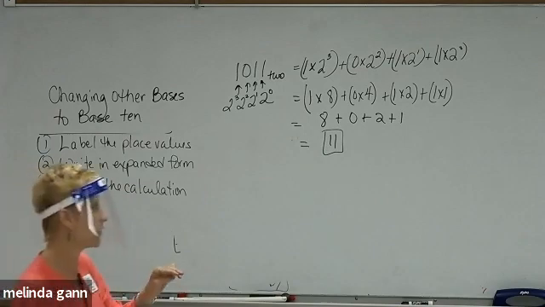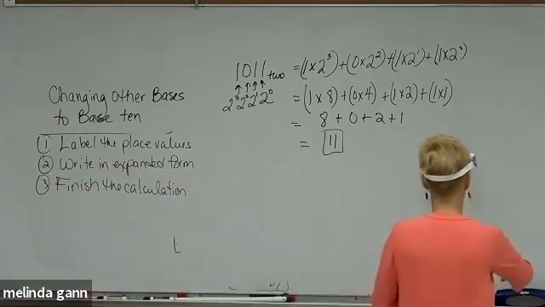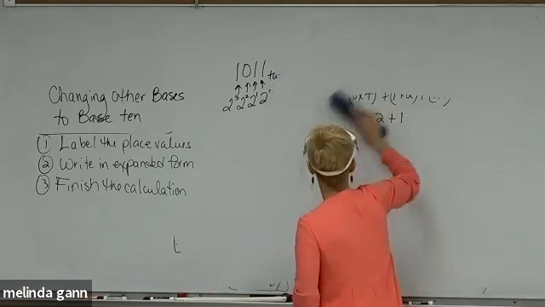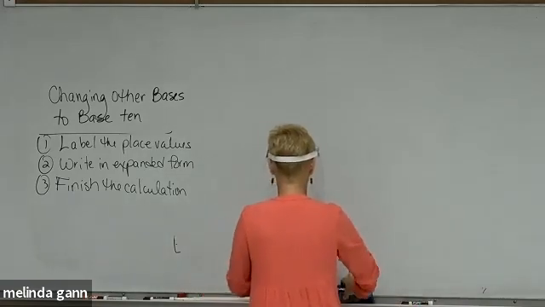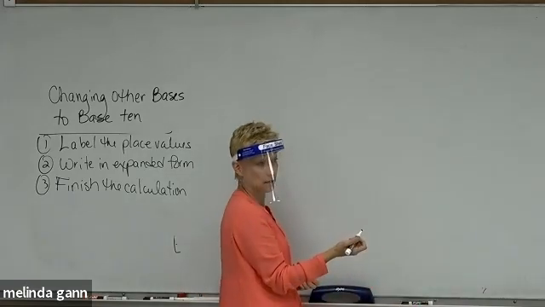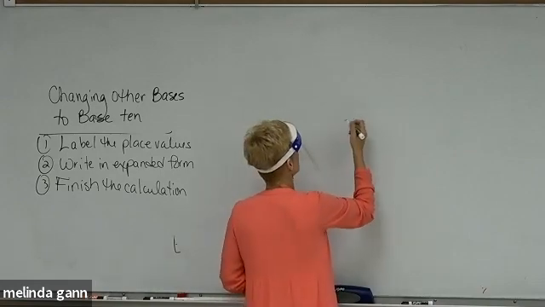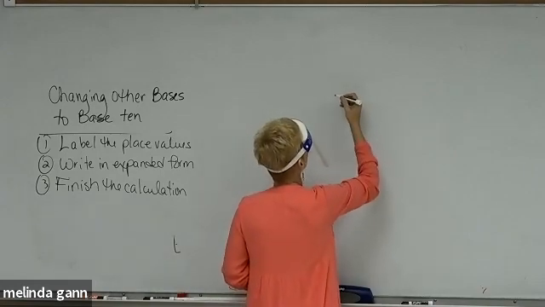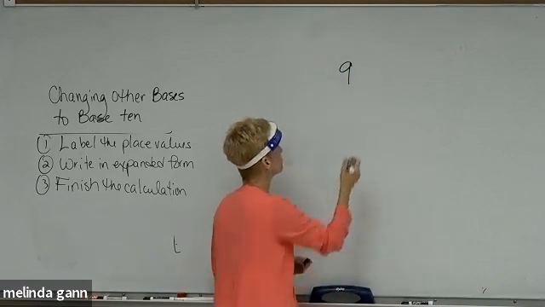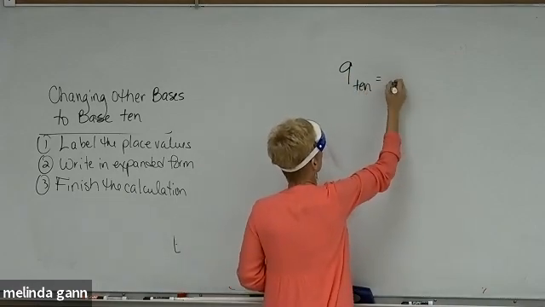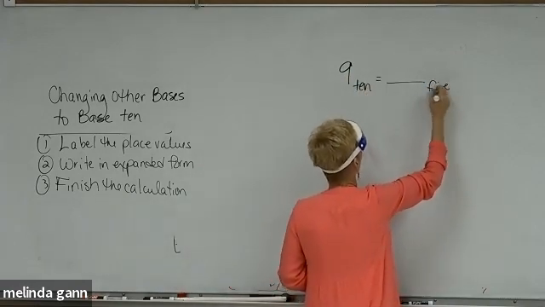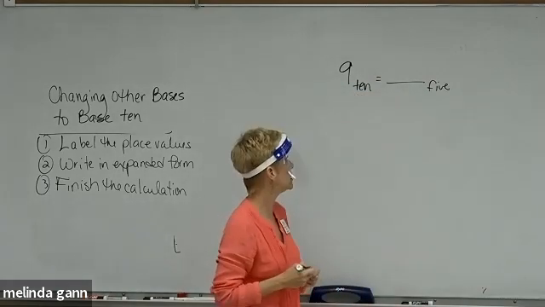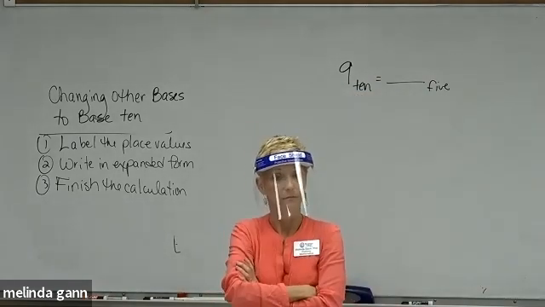Now we've got to go the other way. I want you to take your blocks and I want you to make me this number. I want you to make me a 9 using your base 5 blocks.